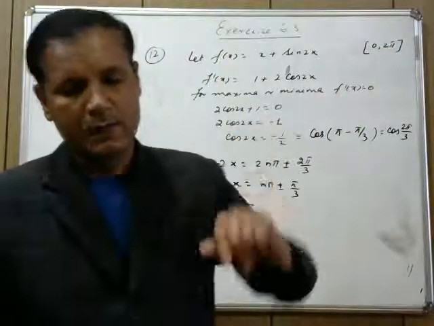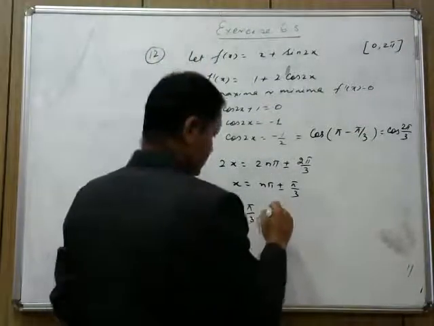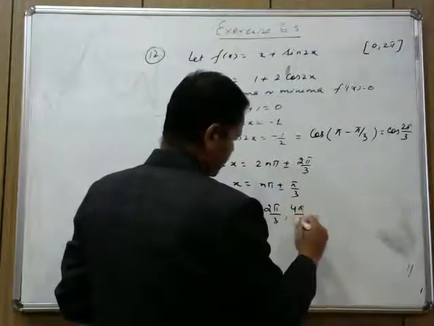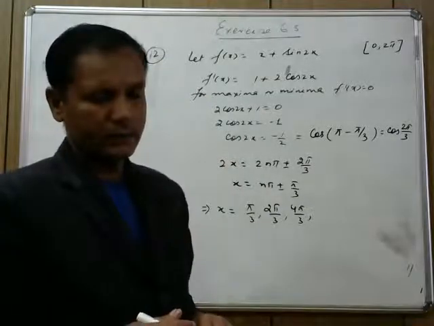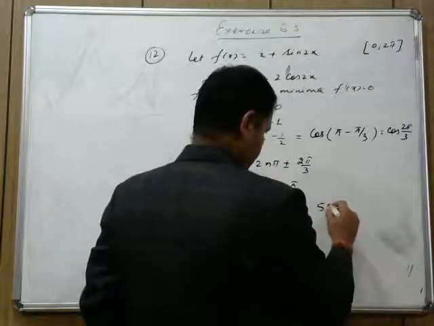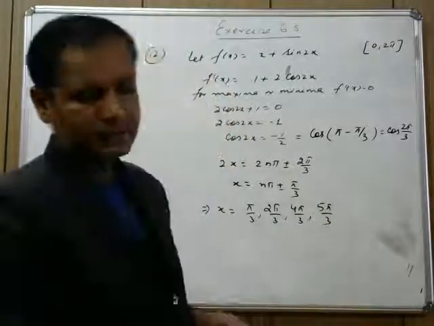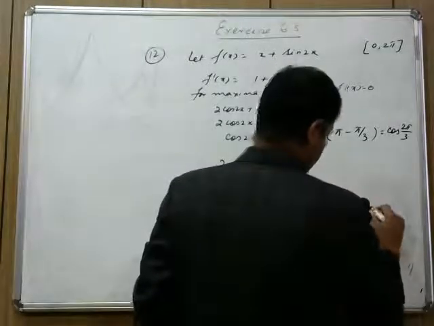That's why pi by 3. After that 2 pi by 3, then 4 pi by 3 and 5 pi by 3. All these lie in the interval 0 to 2 pi.